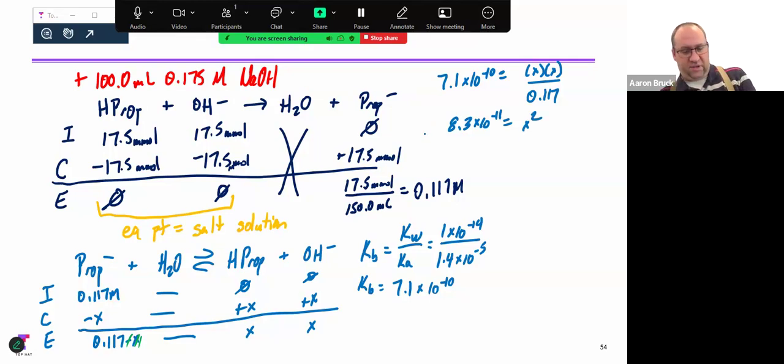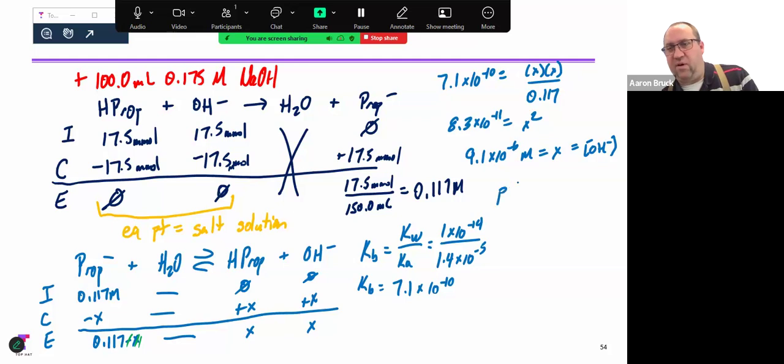Taking the square root, we get 9.1 times 10 to the negative 6th molar as X. And so that would be our hydroxide concentration. From that, we can derive the pOH.